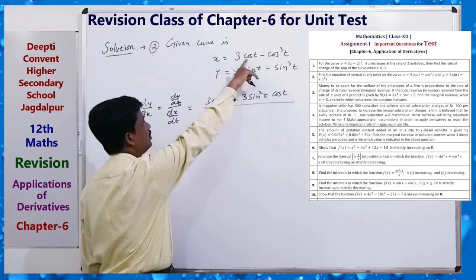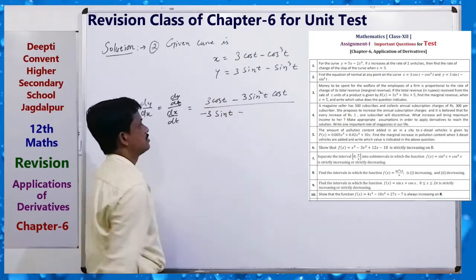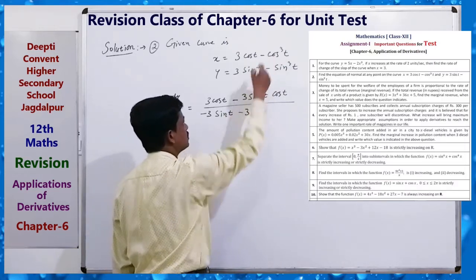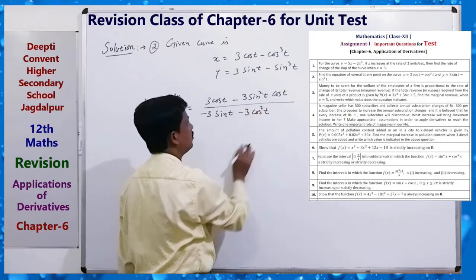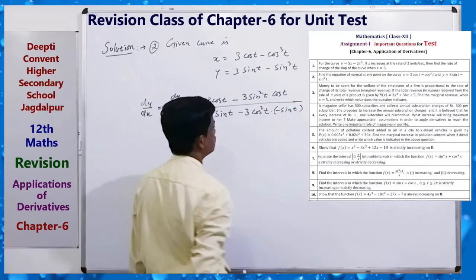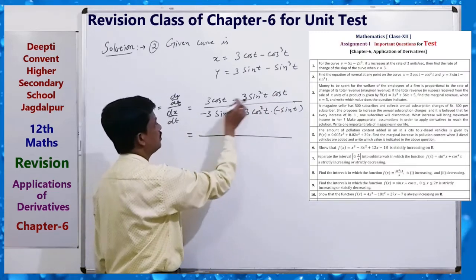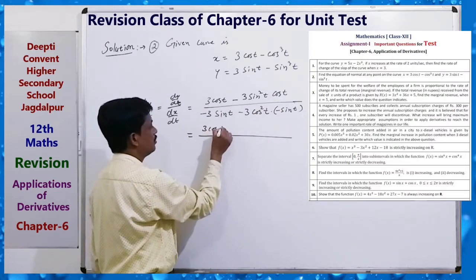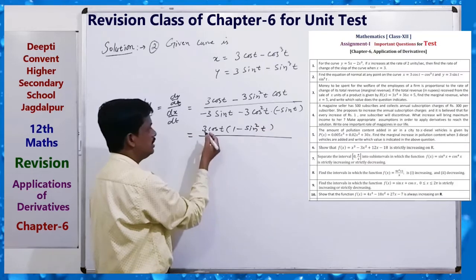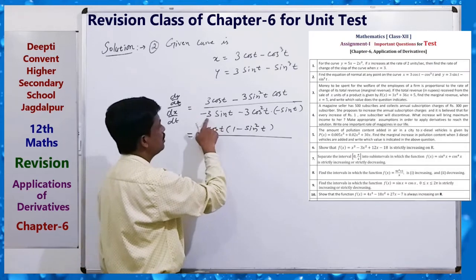Here the derivative gives minus 3 sin t minus 3 cos square t into minus sin t. So this equals, from here 3 cos t common, 1 minus sin square t, here minus minus plus.